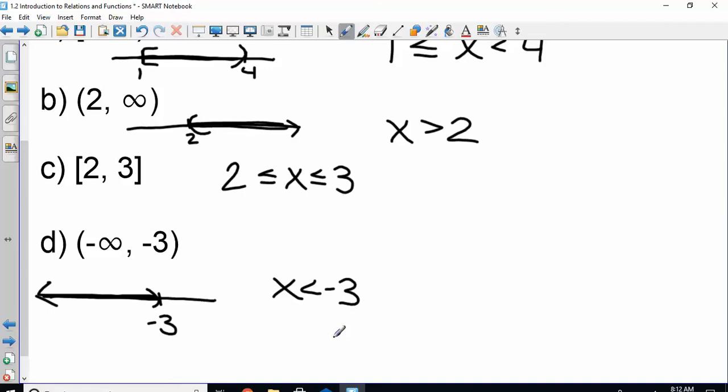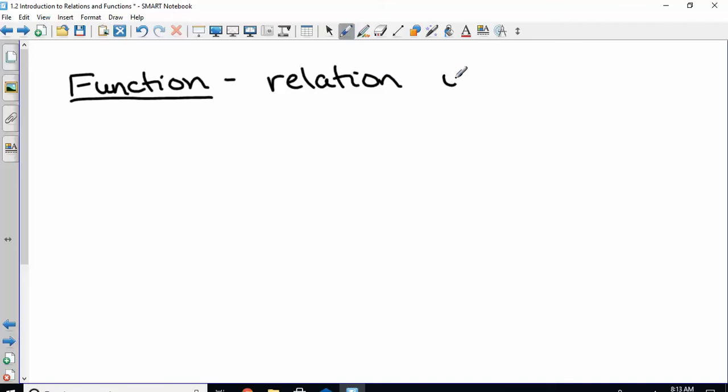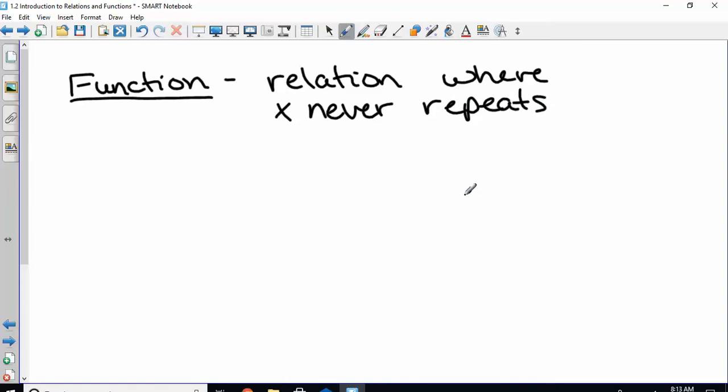Somebody remember? A function is a relation where x never repeats. So each time you put in a number, you get one and only one answer out.